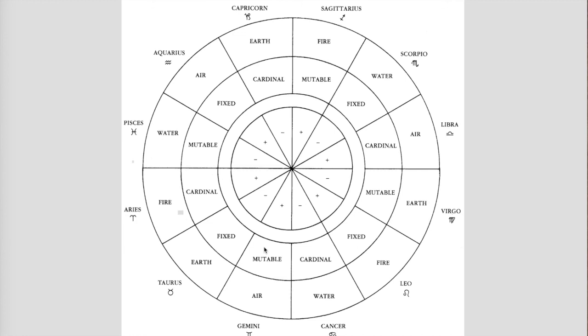The mutable signs are all going to affect change, create movement and give you something new, or simply move from place to place. Then we have the four elements: fire, spirit; earth, body; air, mind; and water, the emotions.